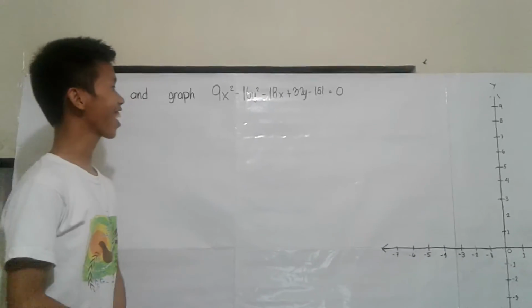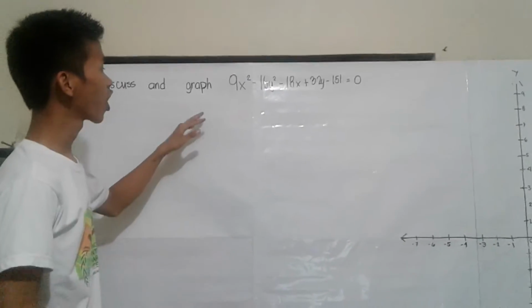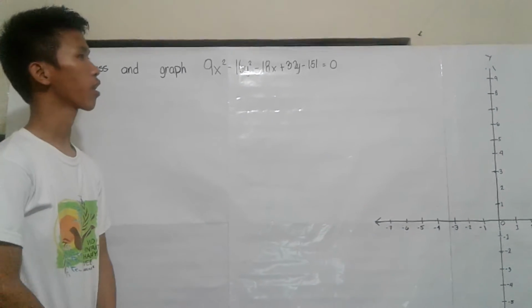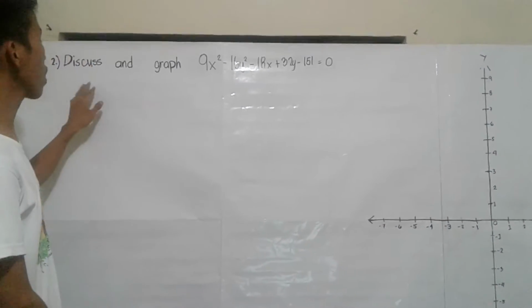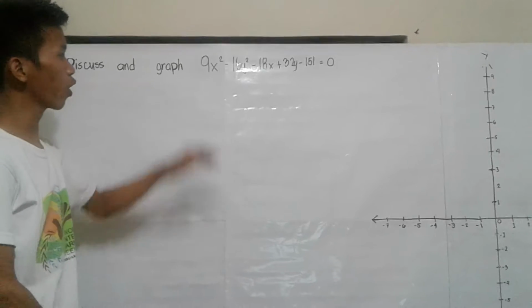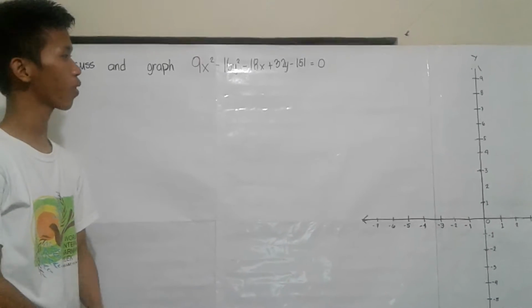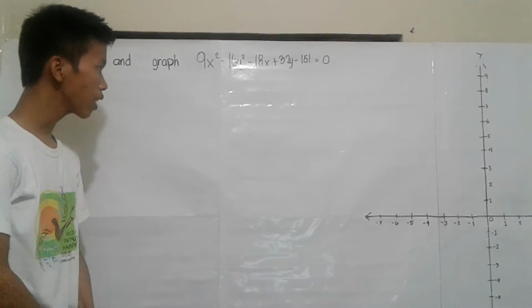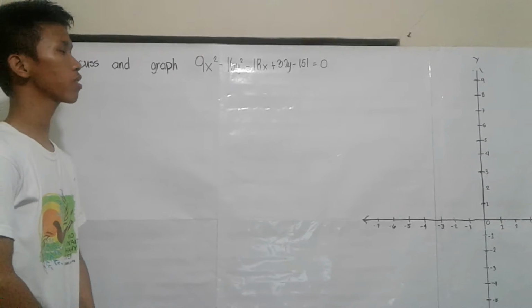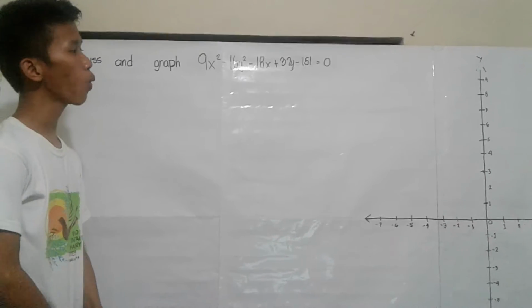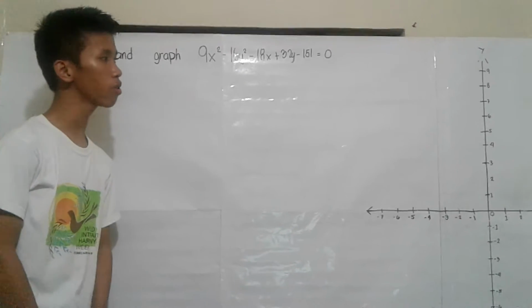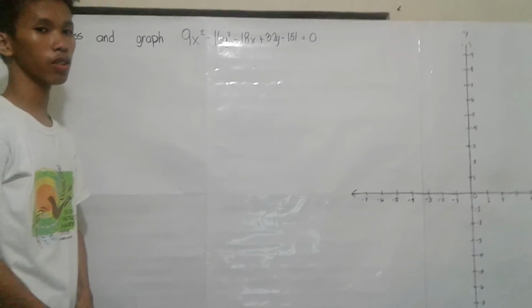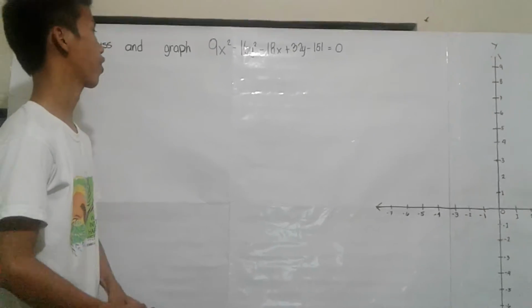So this is the second problem of the hyperbola. Discuss and graph 9x squared minus 16y squared minus 18x plus 32y minus 151 is equal to 0. First, convert it into the standard form.